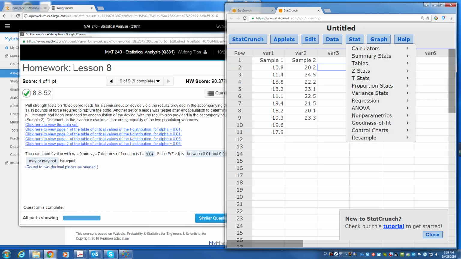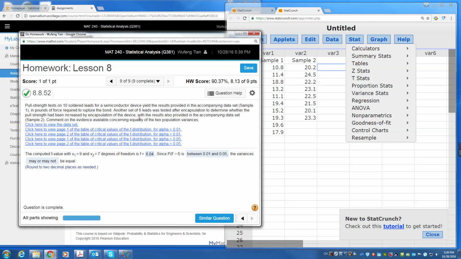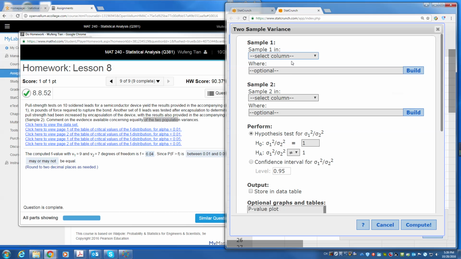So what do I compare? Compare two population variances to see if they are equal. Look at the question: it asks for evidence concerning equality of two population variances. So with variance, two sample with data, V1 and V2, the ratio sigma 1 squared over sigma 2 squared equals 1.